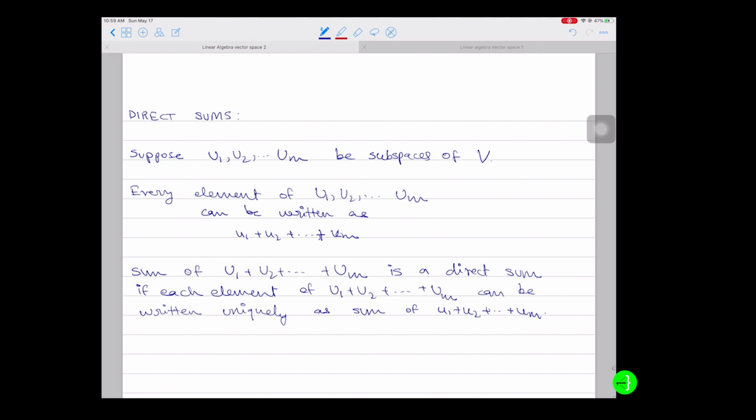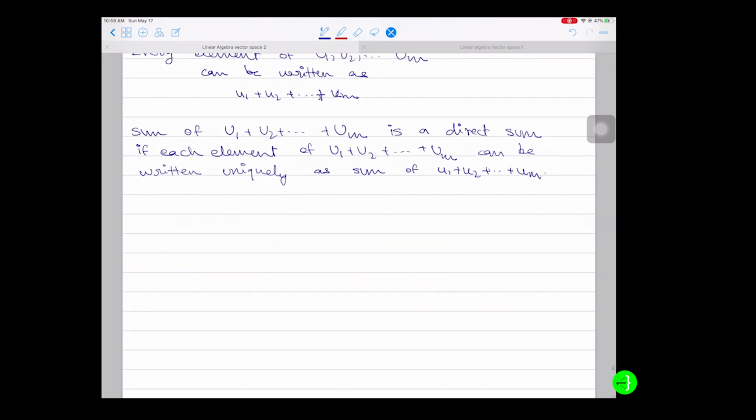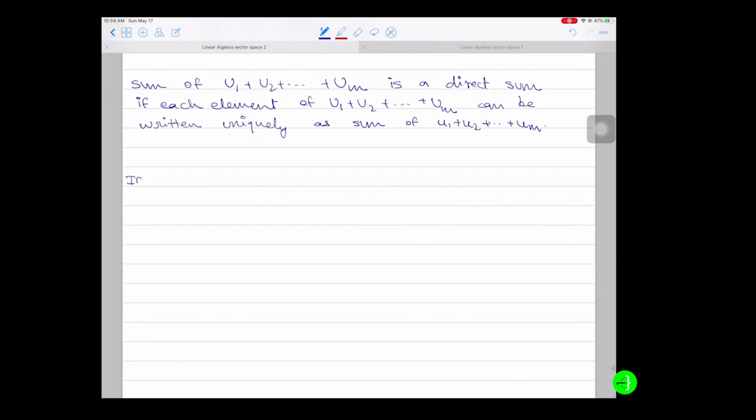And if it is a direct sum, then the way we denote it is, if this thing is a direct sum, then for U1 we do plus and give a circle.